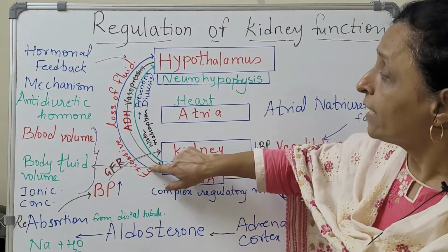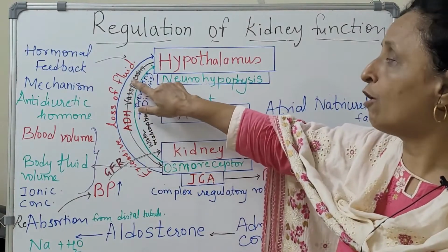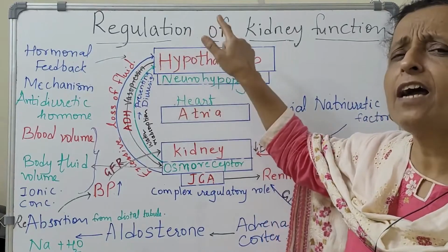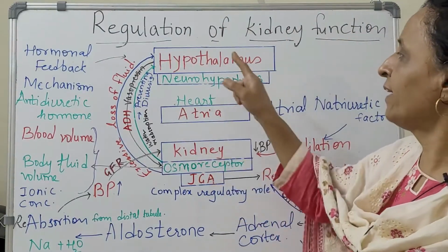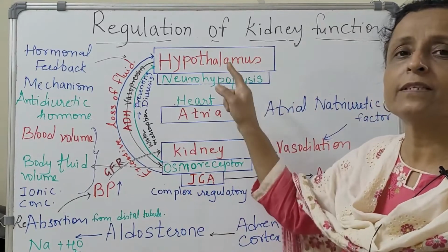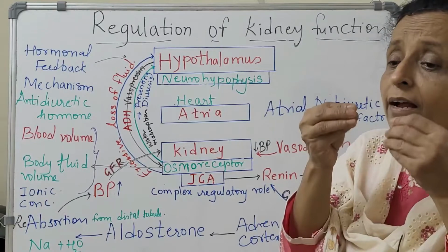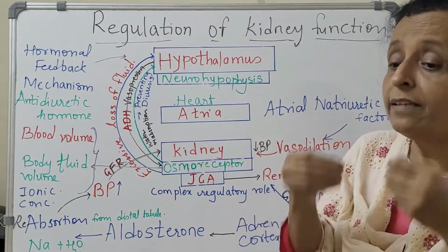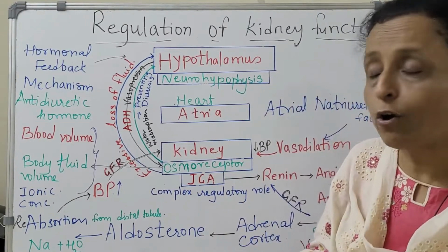Now, this excessive loss of fluid will affect the hypothalamus, which is part of the brain. Attached to the hypothalamus is the neurohypophysis. It will stimulate the neurohypophysis to release a hormone.